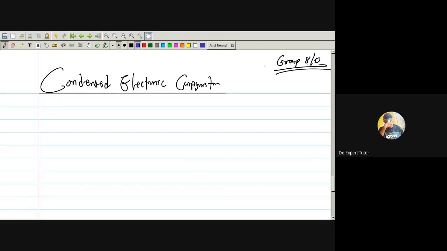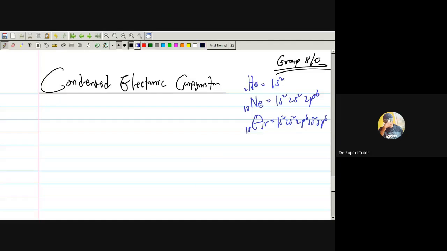We have helium with the electronic configuration 1s2. We have neon, number 10, with 1s2, 2s2, 2p6. We have argon with 1s2, 2s2, 2p6, 3s2, 3p6. So we have all these.